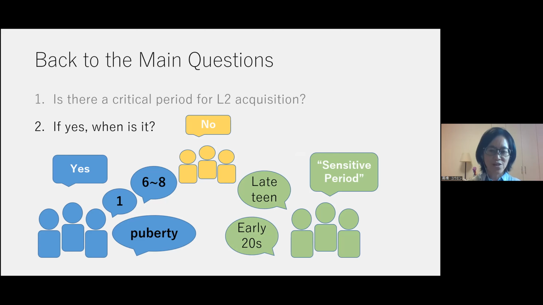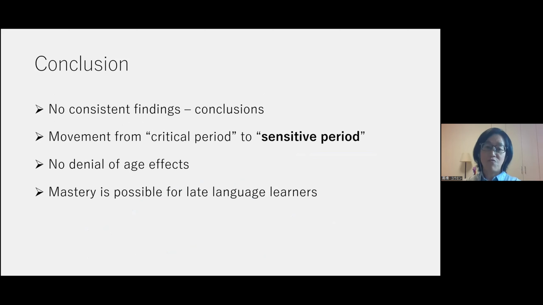So as I have said earlier, the results have been very inconsistent, and there's no consensus in terms of the research results. And there seem to be more people now moving from supporting the critical period to the sensitive period.